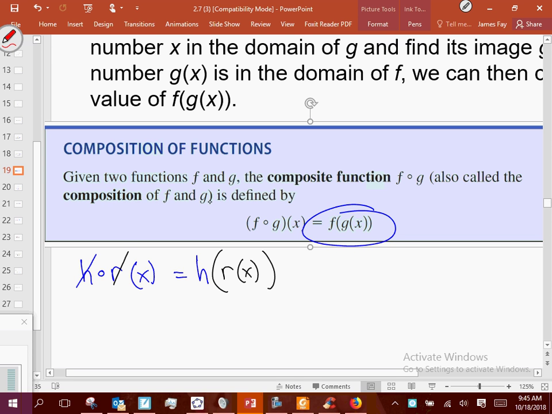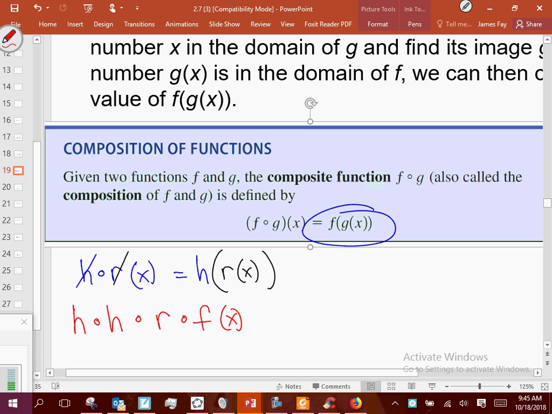So I think it's a good idea to be able to convert this notation to this notation. Let me show you how we can do this, because this happens all the time. They ask you to do like h composed of h, so taking a function and running it through itself. Let's say we compose that with r, and then we compose that with another function f.